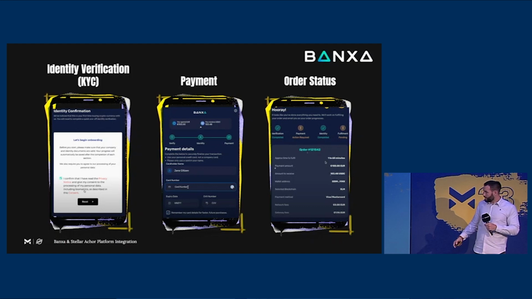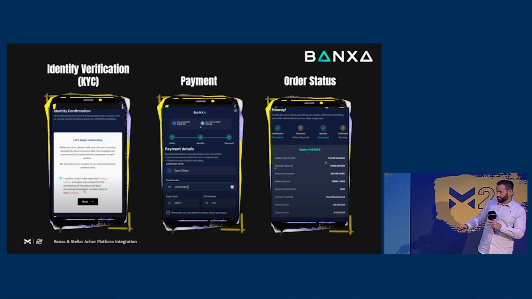The customer then goes through the payment. You can pay instantly if it's a credit card, or if it's a bank transfer, we give payment instructions for making that payment. After that, you go to the order status page, and that's basically the end of it. If you take yourselves back to what Jake was saying before, during this whole flow we haven't really communicated with the Anchor platform; everything has been happening on our side.